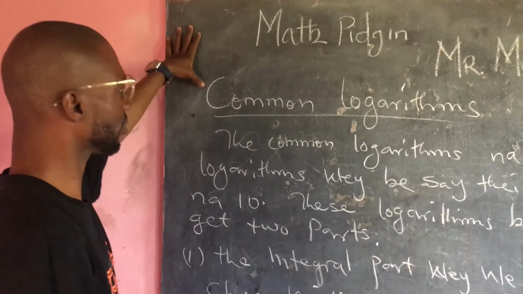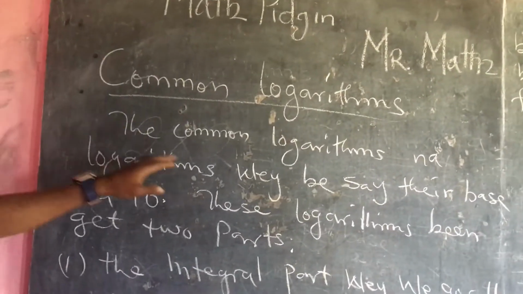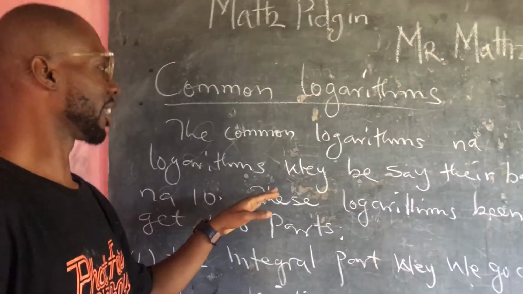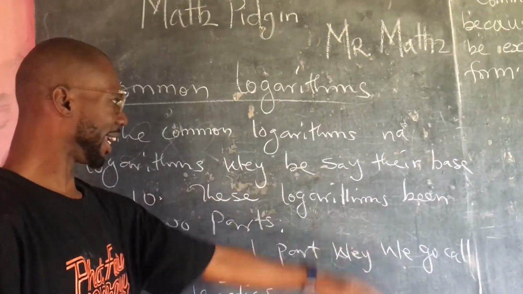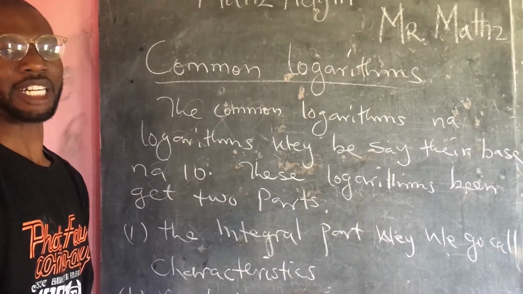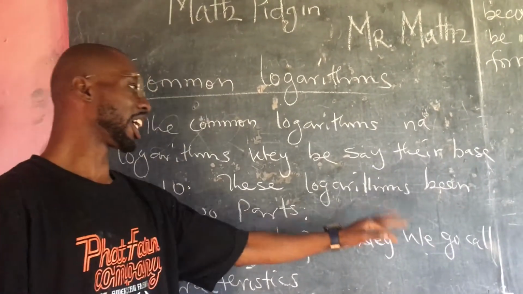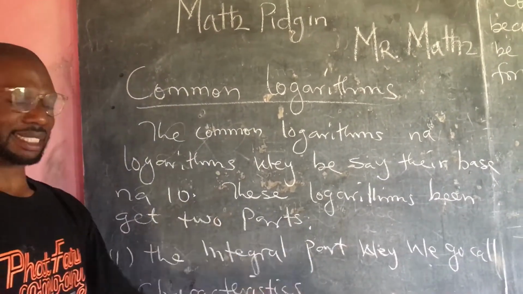Common logarithms are logarithms where the base is 10, because normally our natural numbers are in base 10. These logarithms have two parts.